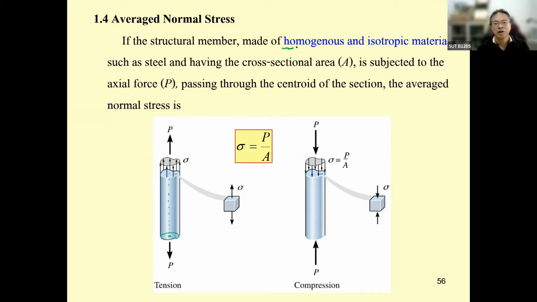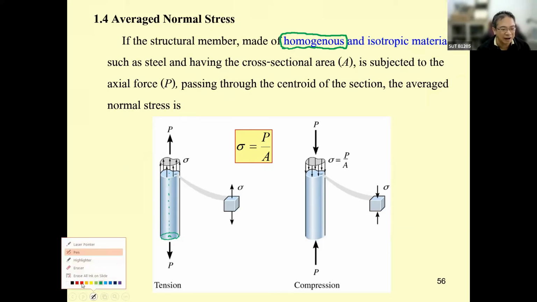Also, the material of the member is homogeneous. Homogeneous means all the material here is the same, such as steel. Over here, all of the material points are steel. Homo means the same.